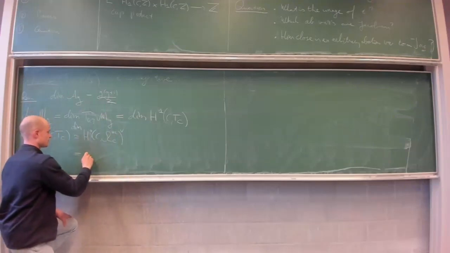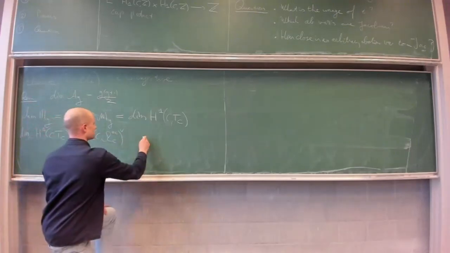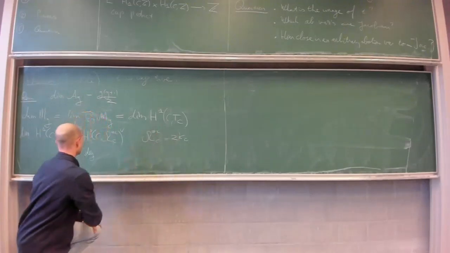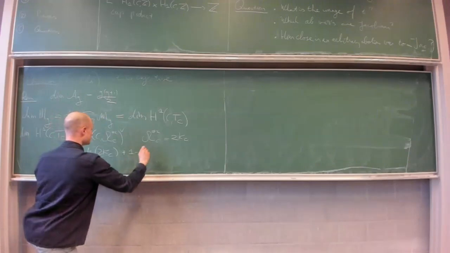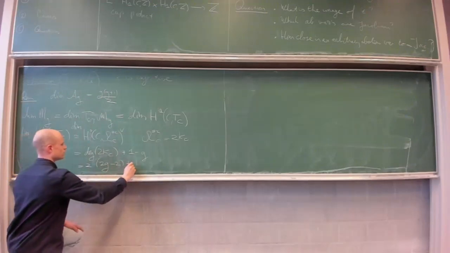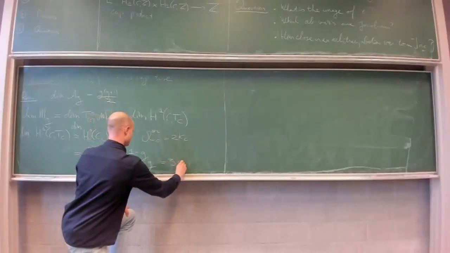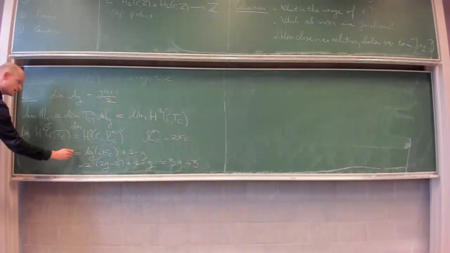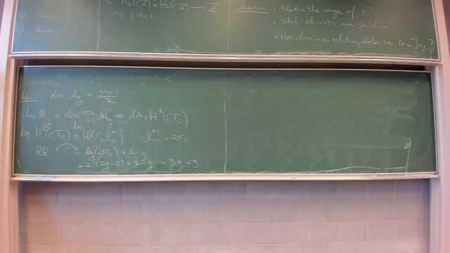The degree of 2 times the canonical bundle is 2 times (2G minus 2), plus 1 minus G, which is exactly 3G minus 3. So this here is Riemann-Roch.